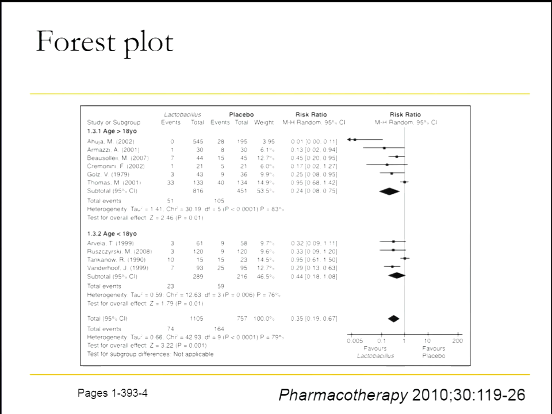So I realize this may be a little bit small for you to see, but it's obviously in your handout. It's a forest plot from a meta-analysis that was published in Pharmacotherapy a couple of years ago. So you can see that there are 1, 2, 3, 4, 5, 6 studies included in this meta-analysis. Each of these studies is represented to the right here.